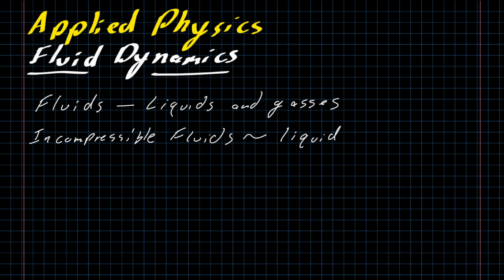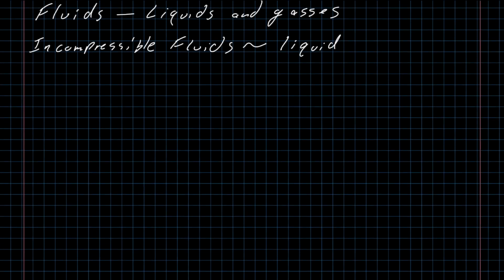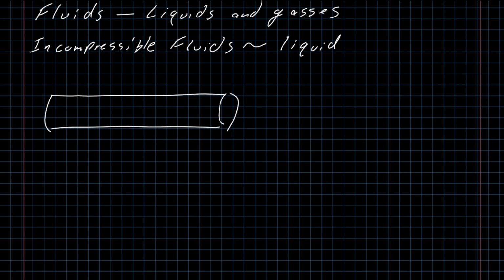All right, so let's consider that we have some sort of incompressible fluid, some liquid, maybe water, flowing down a pipe. And now let's consider just a little bit of this water. And once again, I'm going to make a very bad approximating assumption that I can take this entire disk of water and it's all going to be moving at the same speed.